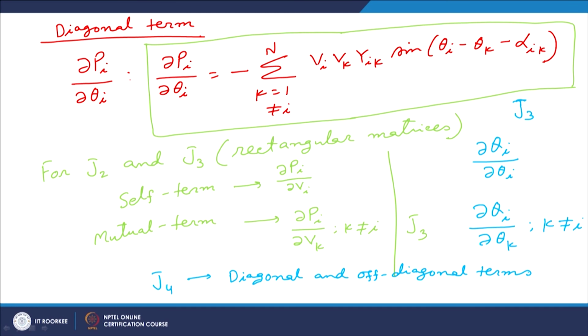So, for J2 we would be looking at the self term as well as the mutual term. For J3 also we would be looking at the self term and the mutual term, and for J4 also we would be looking at the expressions of diagonal and off diagonal terms. So, this we will do in the next lecture. Thank you.